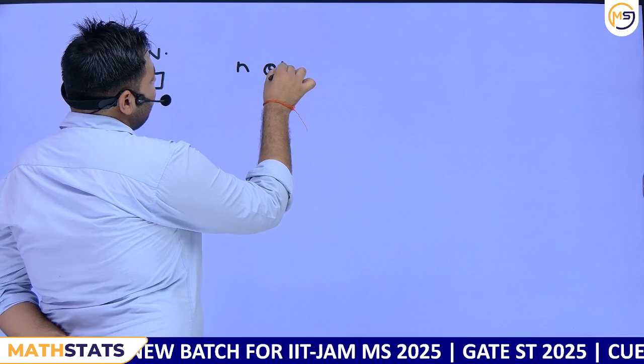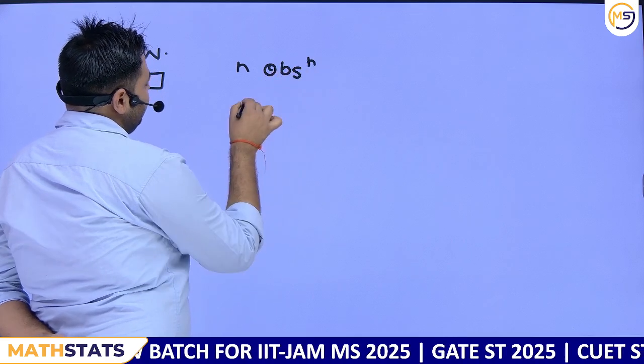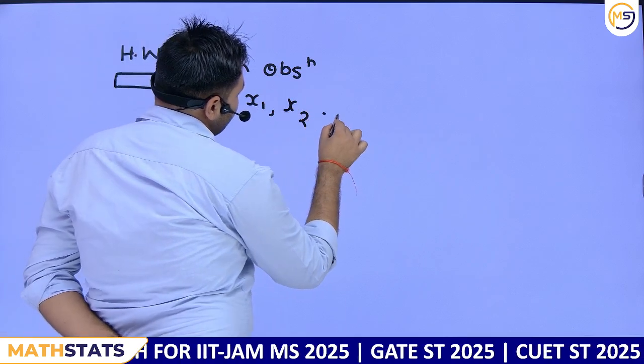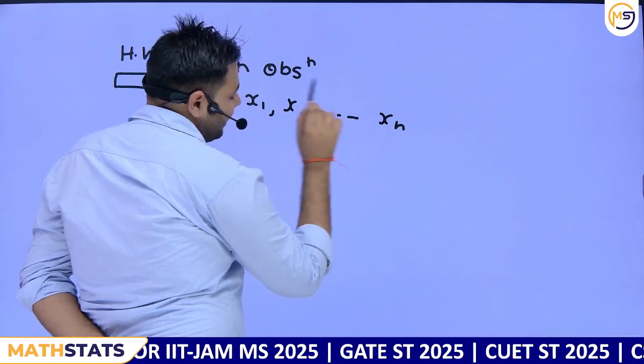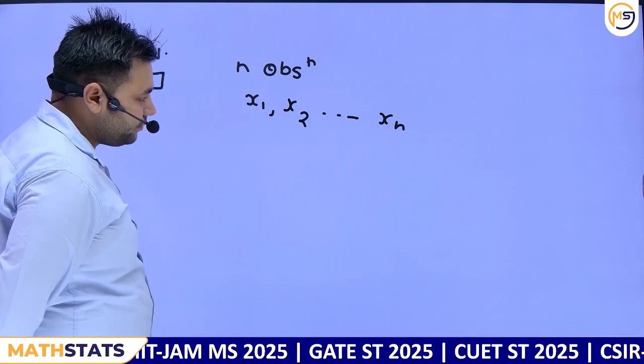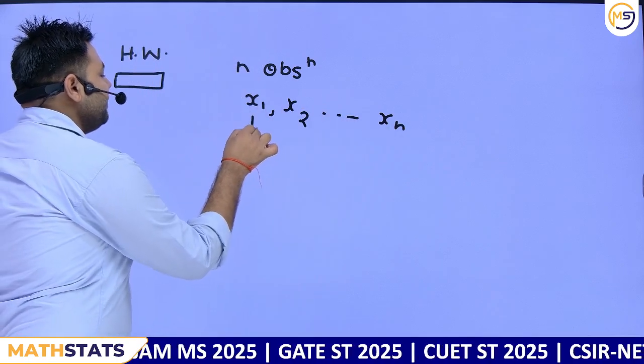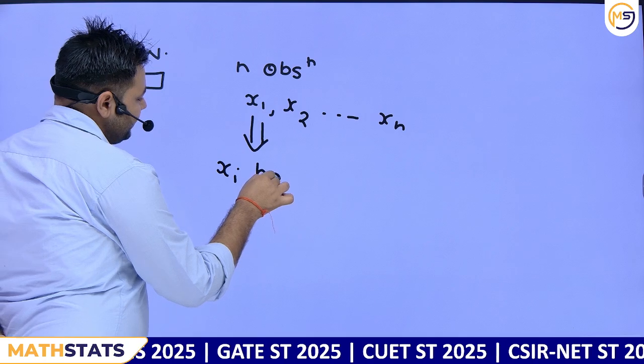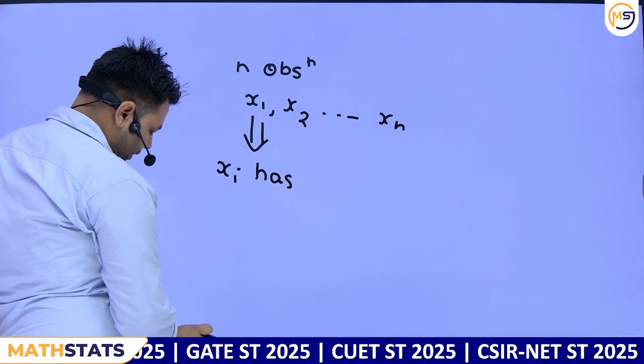We have n observations x1 x2 and so on xn, right? We have n observations, okay, and suppose this observation x1 has an error.